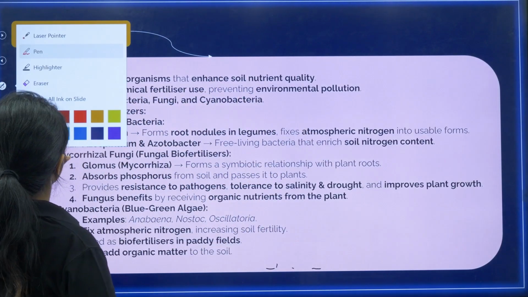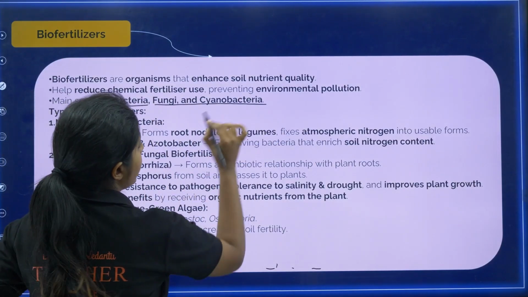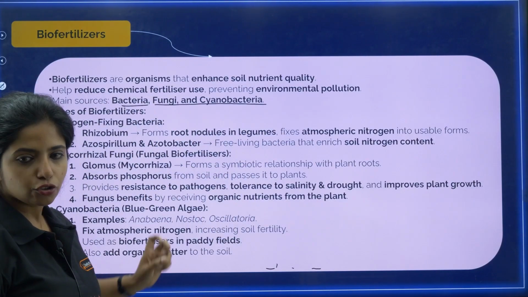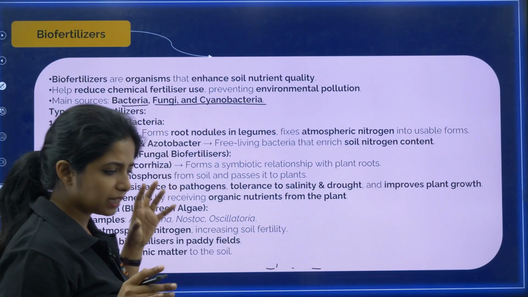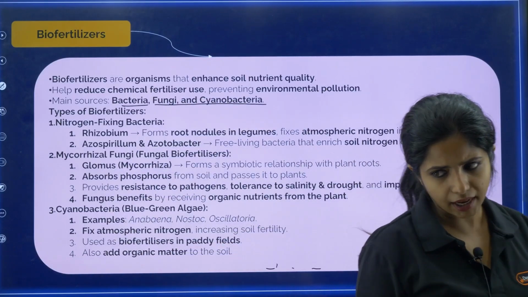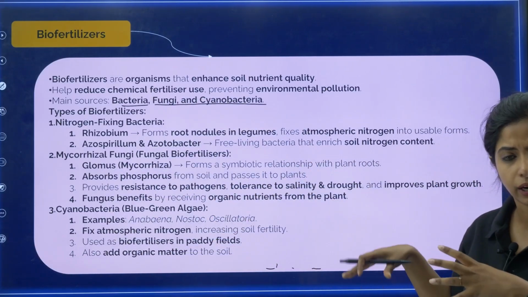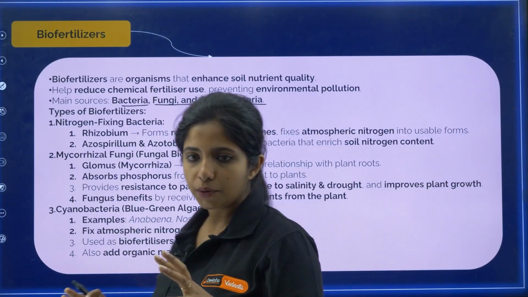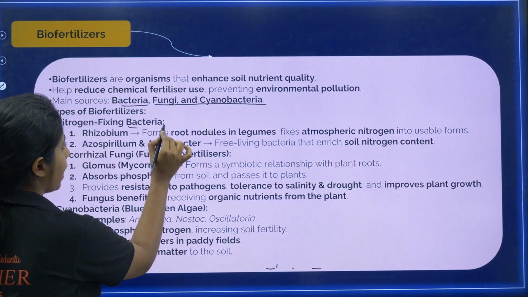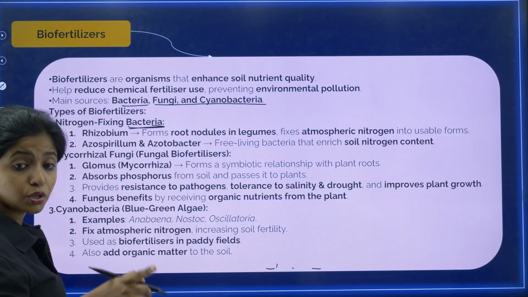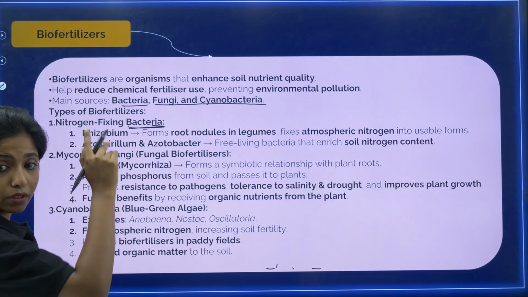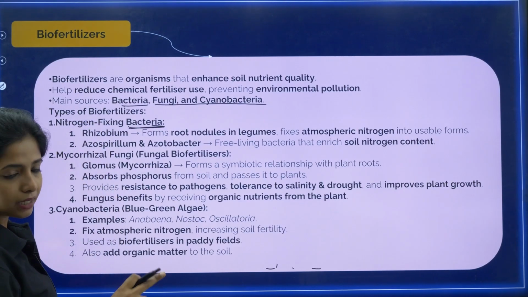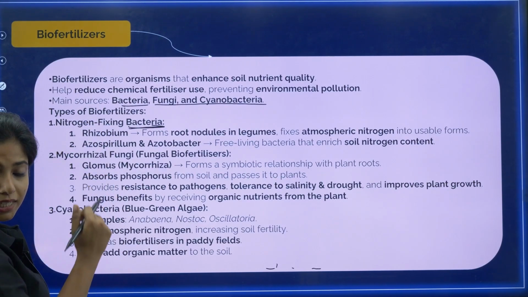You have main sources such as bacteria, fungi and cyanobacteria. Cyanobacteria come under bacteria itself, but let's put them into a different category: general bacteria and cyanobacteria. First is nitrogen fixing bacteria. They can ask you which bacteria fixes nitrogen, or what is cyanobacteria, so that's why I made it a separate thing.